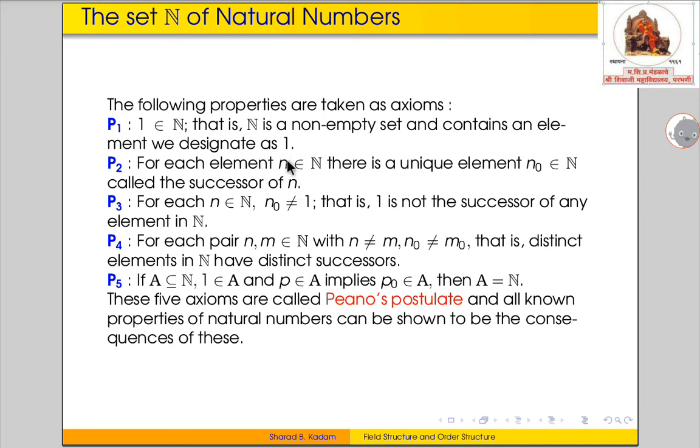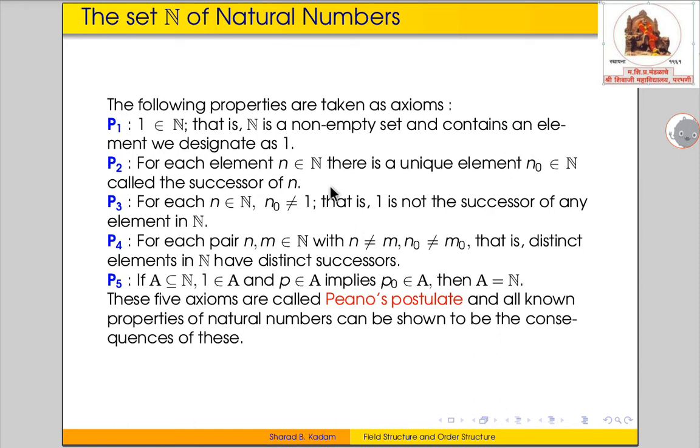For example, if we choose n equals 5, then the successor of 5 will be 6. That means n0 equals 6. If we choose n to be 9, then its successor, that is n0, will be 10.